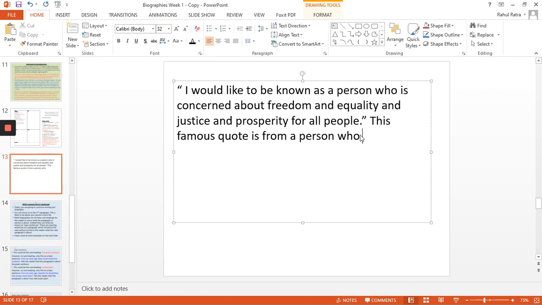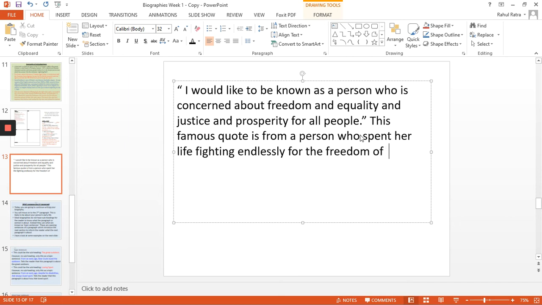This famous quote is from a person who spent her life fighting, let's get an adverbial of how, endlessly, for the freedom of whom?